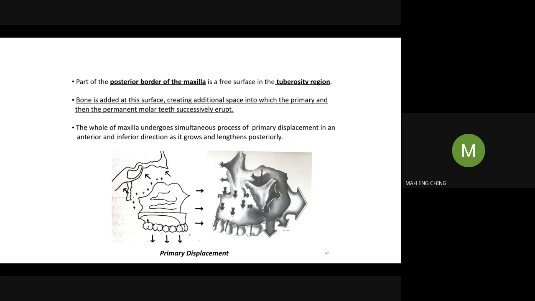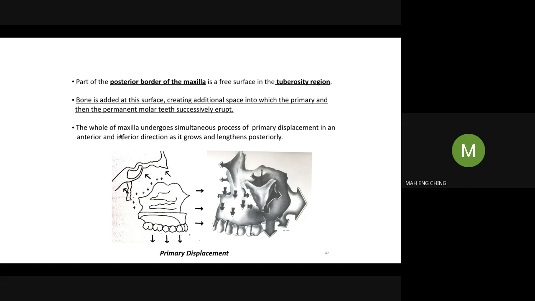This tuberosity must grow a bit bigger or longer to accommodate more teeth to come out. A young child has a shorter maxilla, which only accommodates all the baby teeth. Eventually, this maxilla must grow bigger and longer, especially at the back surface, the tuberosity, to accommodate more permanent teeth to come out.